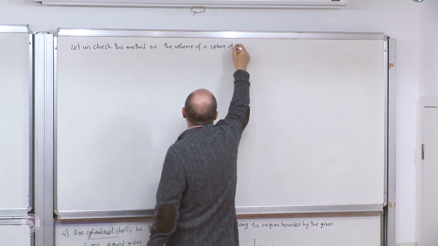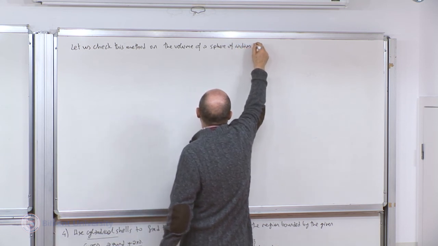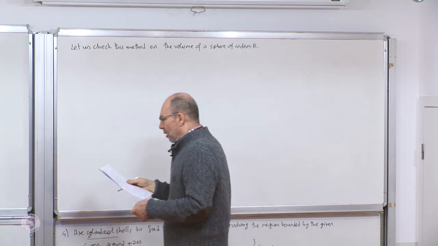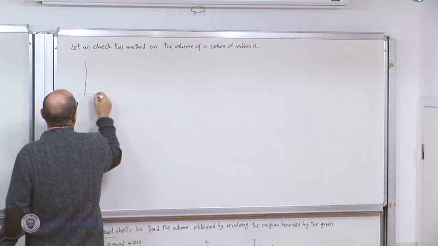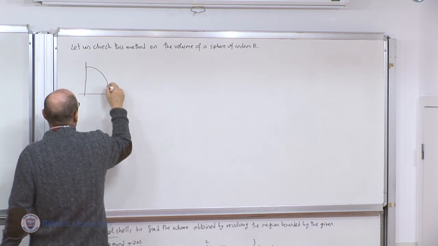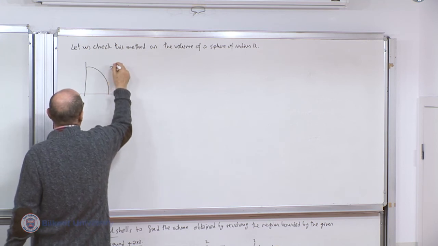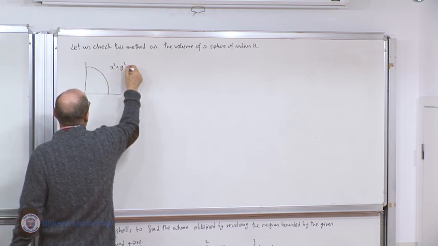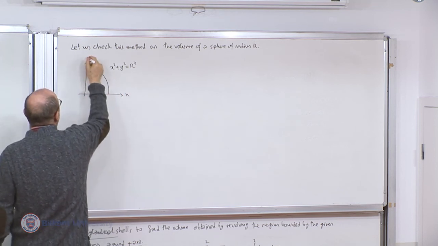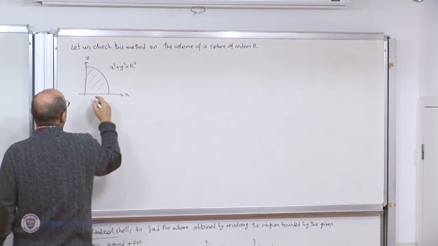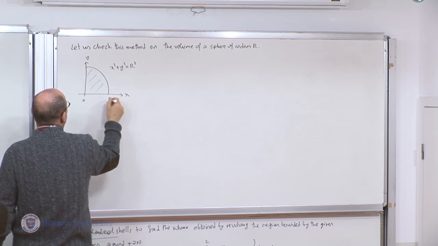Sphere of radius r. Okay, so we have something like this. This is x squared plus y squared equals r squared. This is x, this is y, this is the region, this is 0, this is r.